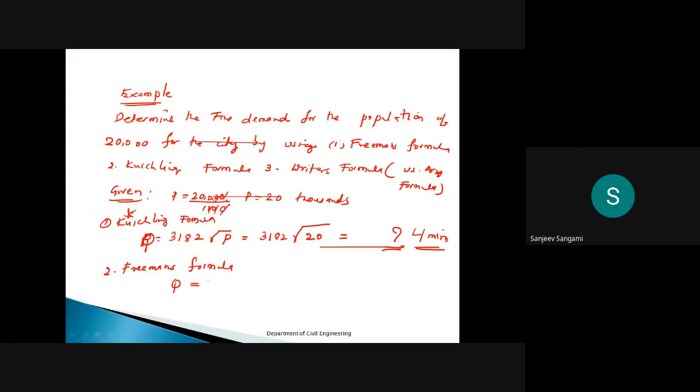So in Freeman's formula, 1136 (P/10 + 10), here also substitute P as 20 only, and you will get the result in liters per minute. Do the calculation, and here also you have to substitute P in thousands only. It is 20.